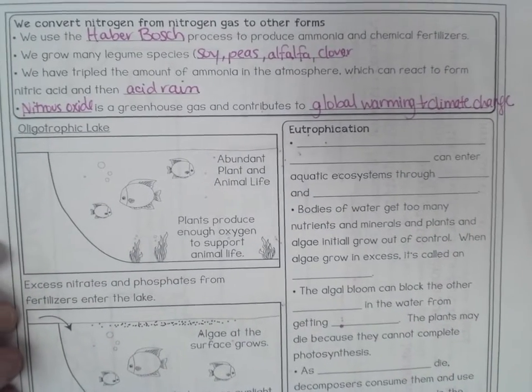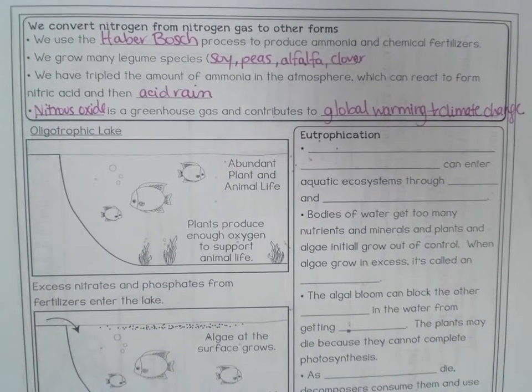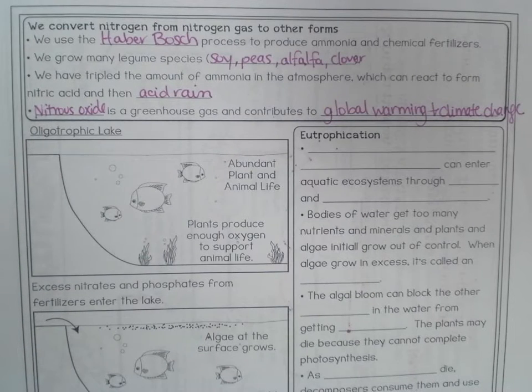So that's the first thing that's happening: we're increasing the ammonia content because we are growing a lot more legumes and producing more ammonia into the atmosphere, which reacts and makes that acid rain.